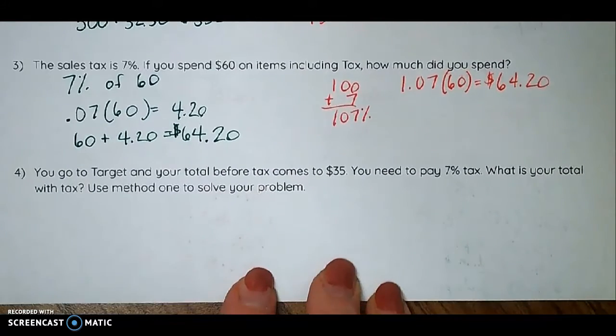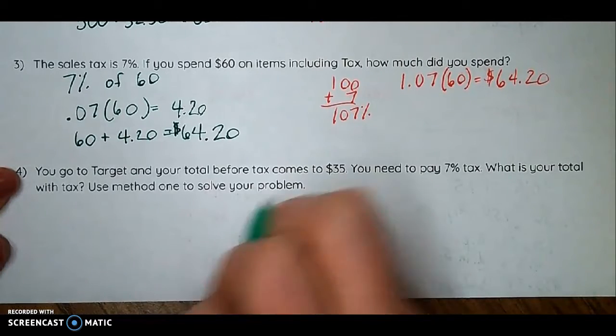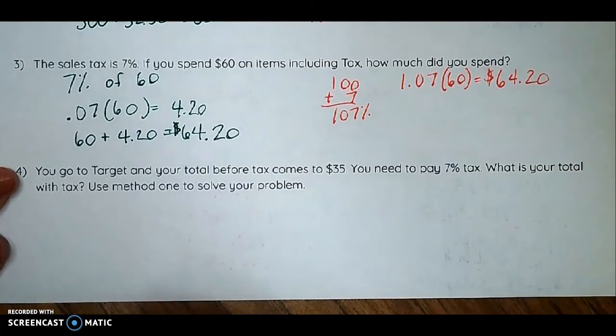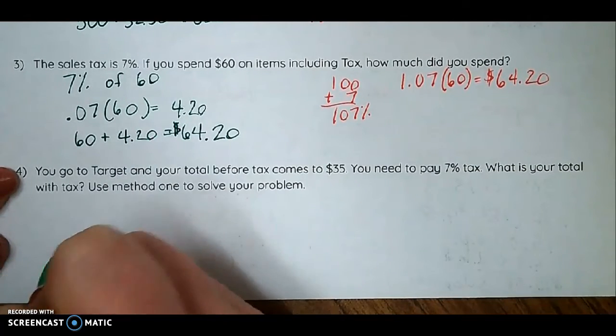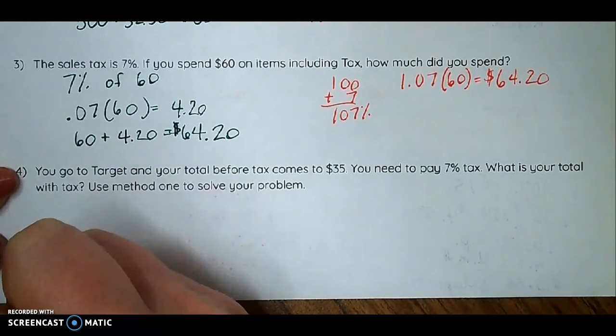Our last example here says you go to Target and your total comes to $35. I don't know if I've ever spent that little amount at Target. You have to pay 7% tax. And it says, what is your total with tax? Use method 1 to solve your problem. You could also use method 2.